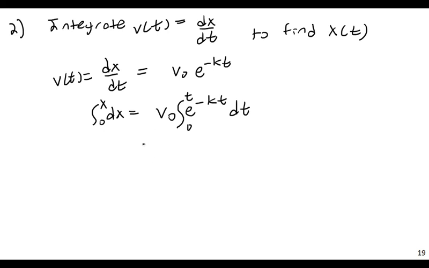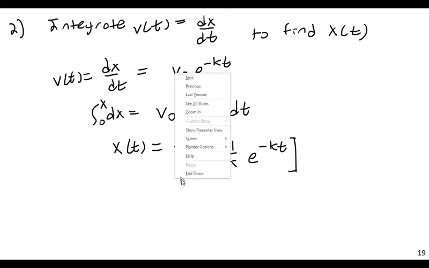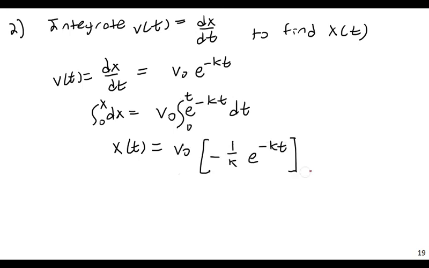And if you run through your rules of integration, you will find that x of t is equal to v naught times negative 1 over k times e to the negative kt here. And this would be my position versus time function.